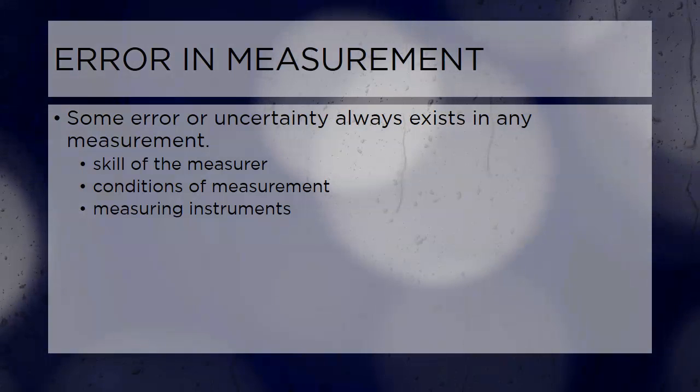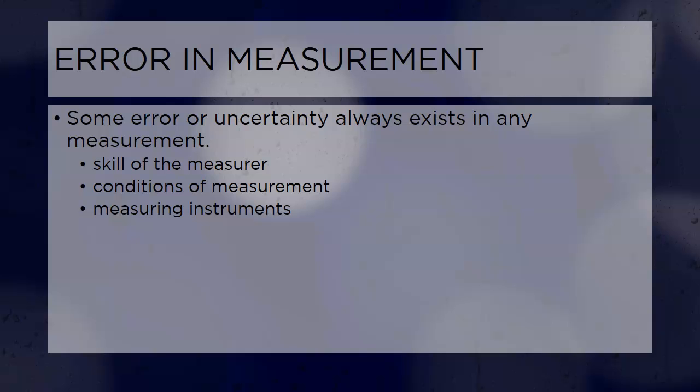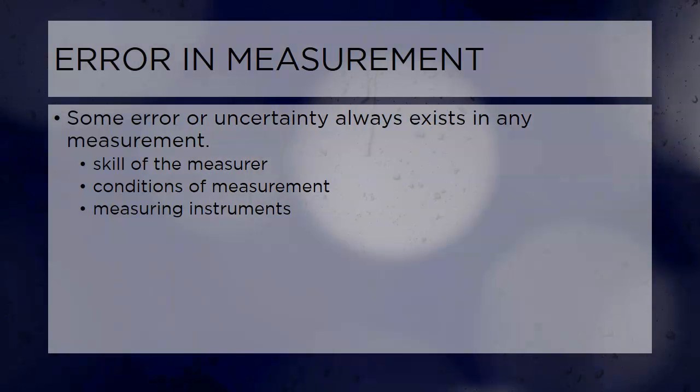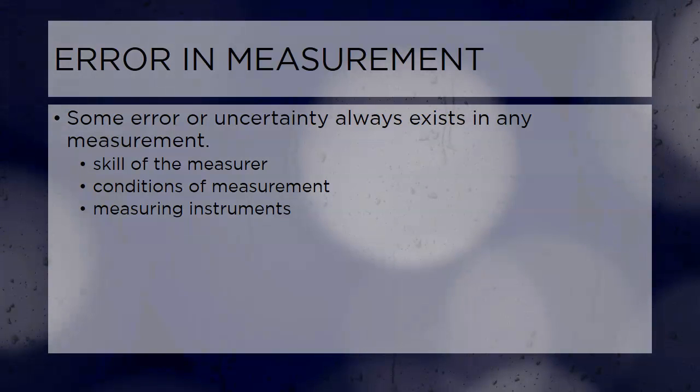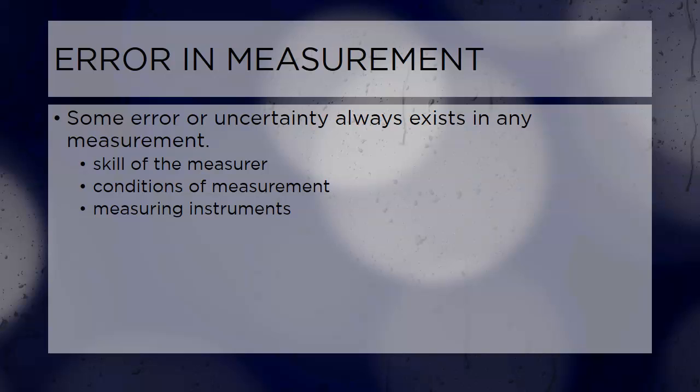It could be the skill of the measurer. Maybe you're just not measuring something exactly where you should measure it, and you're a little bit off. Or the conditions you're under could have an effect.